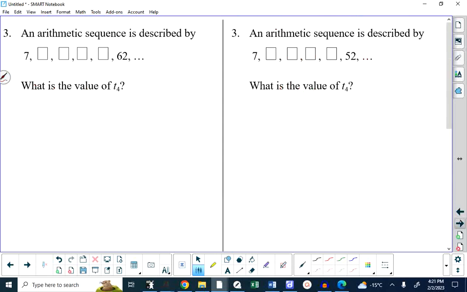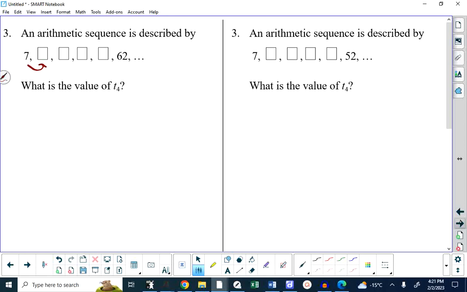One final question. What is the value of T4? Well, first of all, some of you, I think, when you did these questions, and I'll do the version on the left first, you didn't go slow enough and you didn't think carefully enough. In order to go from 7 to 62 in this list, this is what has to happen.